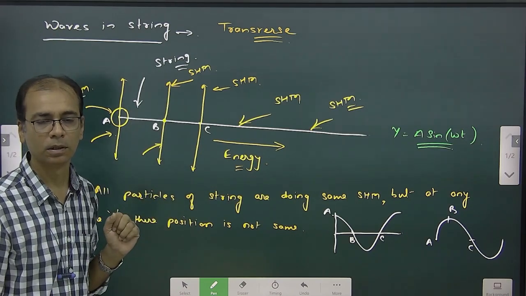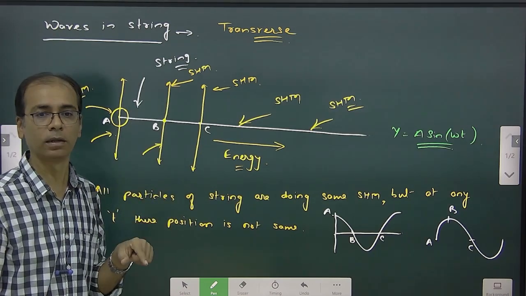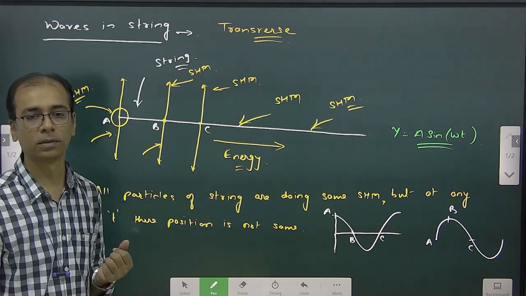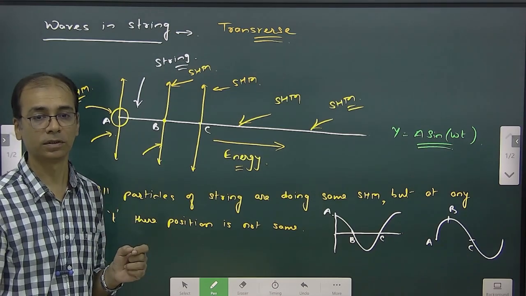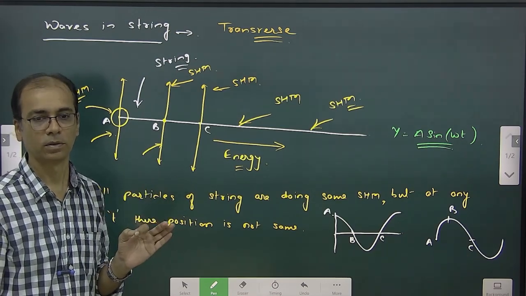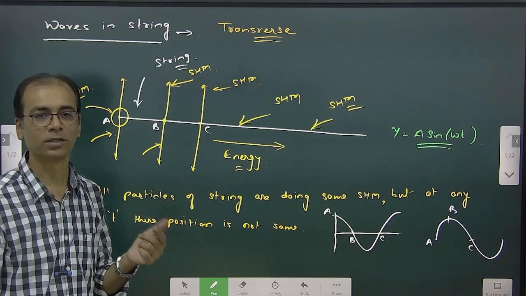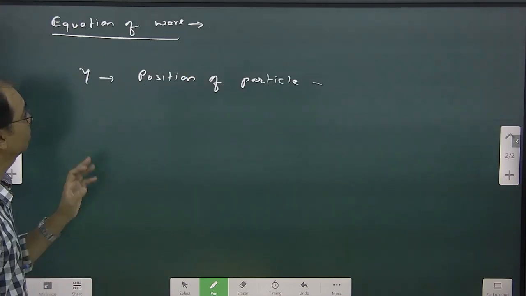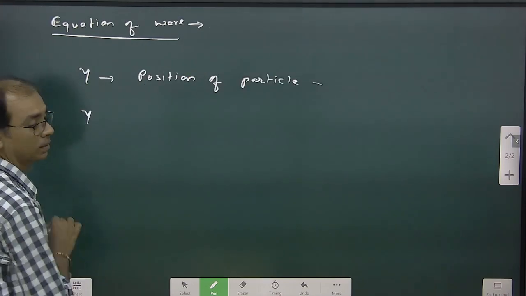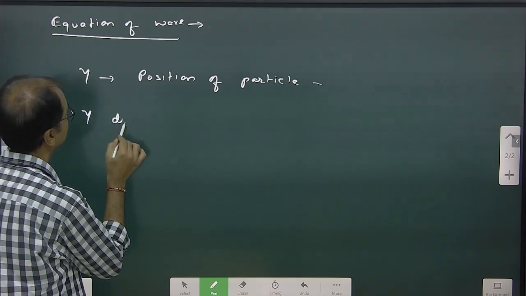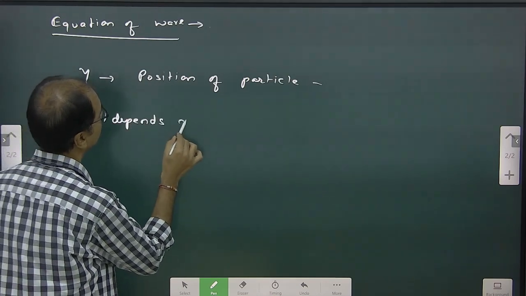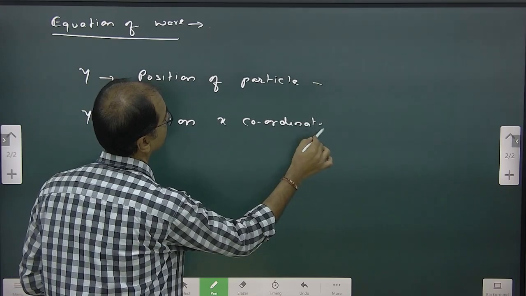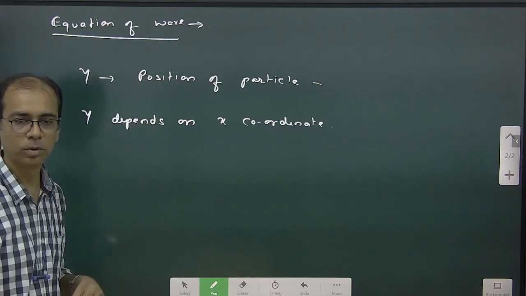So definitely in waves, the y coordinate of the particle depends on its position along x also. So y depends on the x coordinate. No doubt about that.